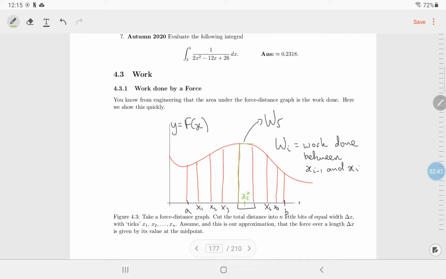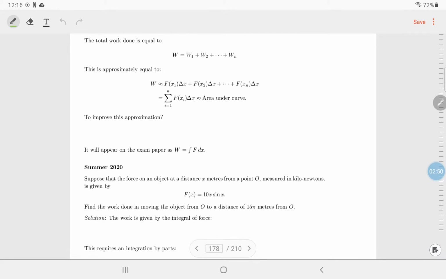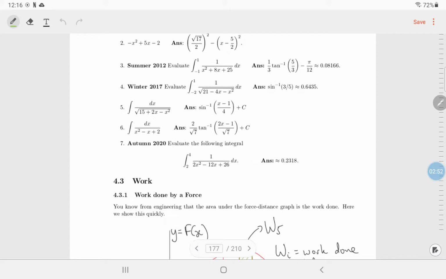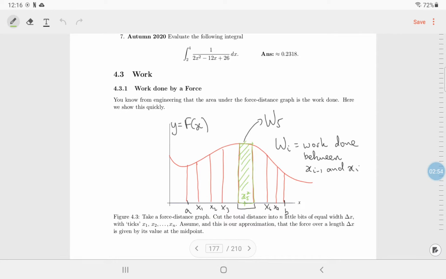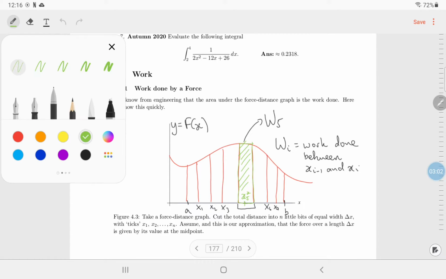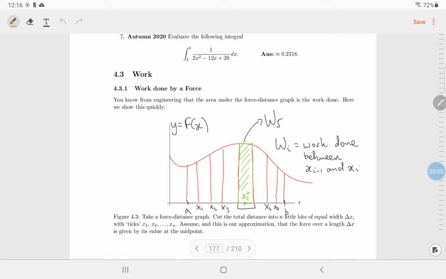Now, the area of the green rectangle: what are we saying? If you look at that region, you've got the force at x5 star times the distance, and we're going to say the distance between all of these is delta x.